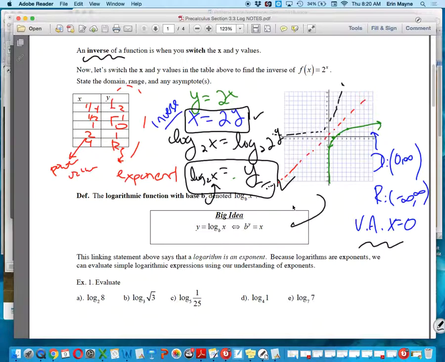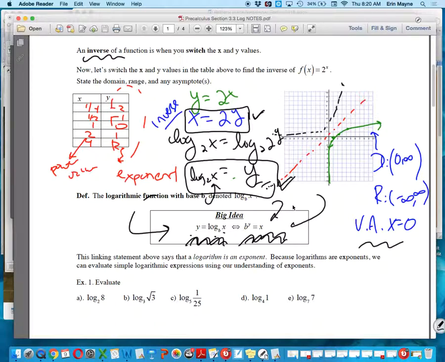The basic big idea that is embraced here in the blue line and the black line is the definition of a logarithm. If you need to label this, you're taught in Algebra 2, this is your logarithmic form. Obviously, it's got a log in it. This is your exponential form. Reminder, b to the y equals x.